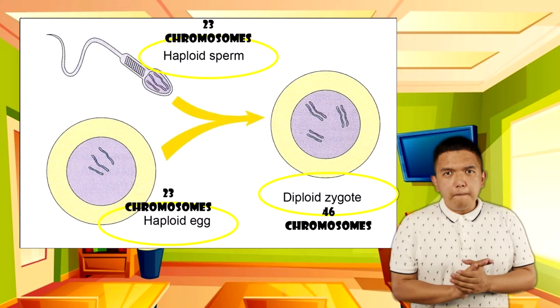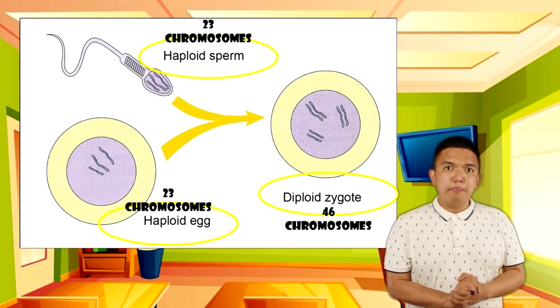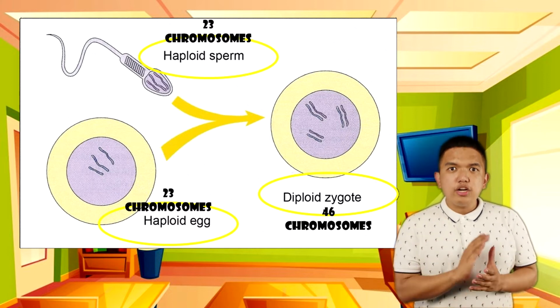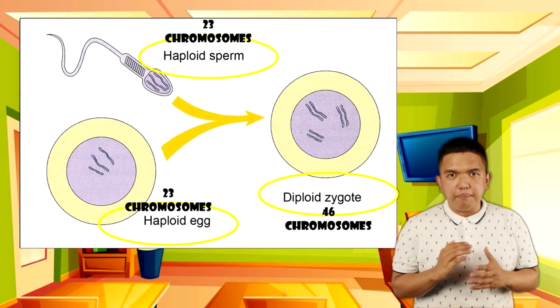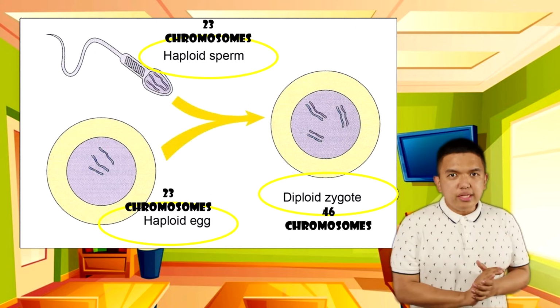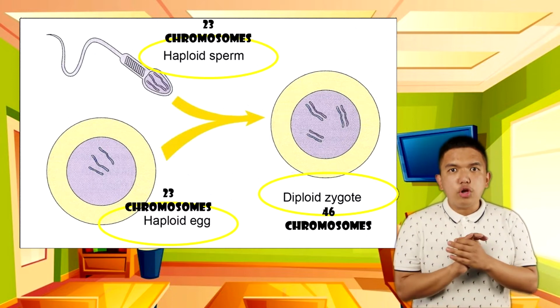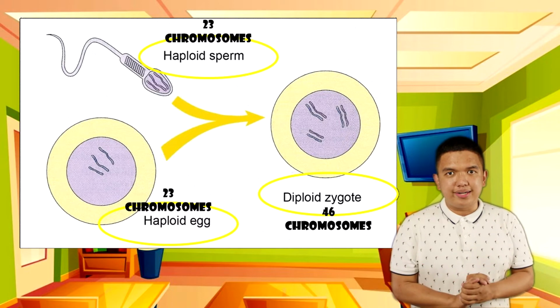In order to complete the 46 chromosomes, 23 chromosomes will be coming from the sperm cell and 23 from the egg cell. During fertilization, the complete number is restored.